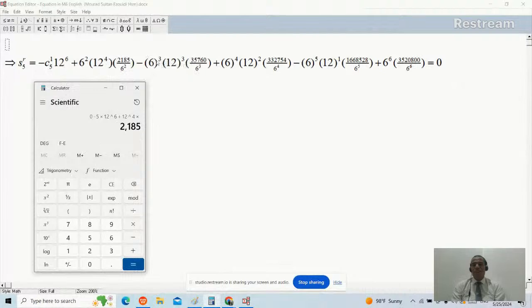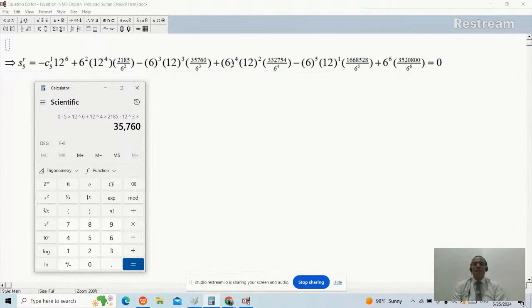Now I need to write it. Then I will just write negative 12 cubed times 35,706. I'll make the negative sign. I will make 12 raised to the power 3 times 35,760. Then plus 6 raised to the power 4 times 12 raised to the power 2 times 332,754 over 6 raised to the power 4.